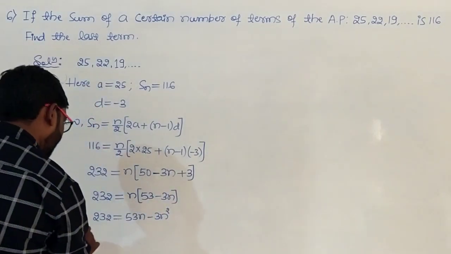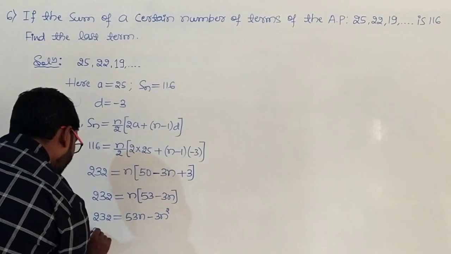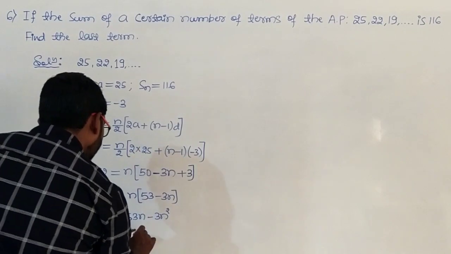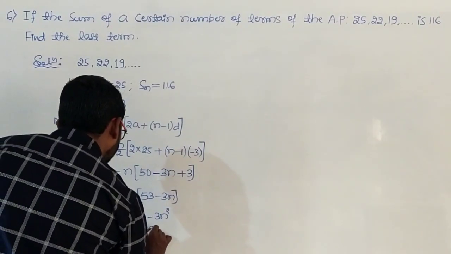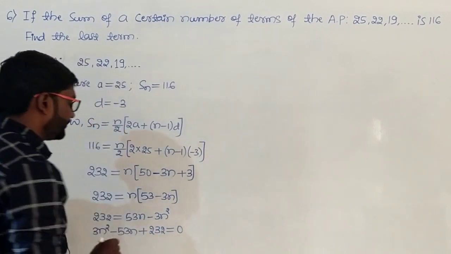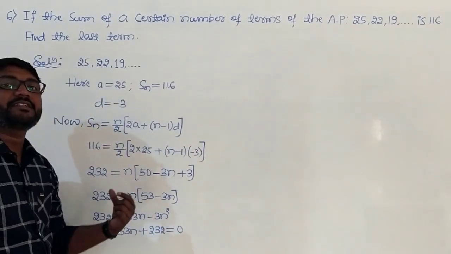So overall what do we get now? 3n square, then minus 53n, and then plus 232, which is equals to 0. So we have to solve this by factorization method.